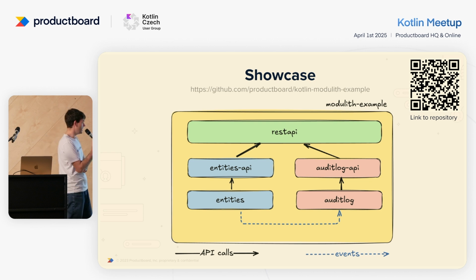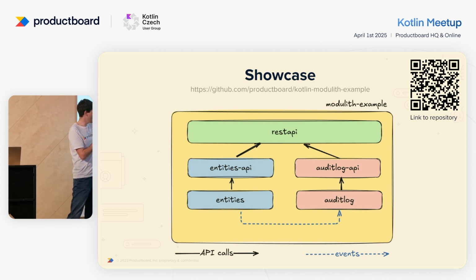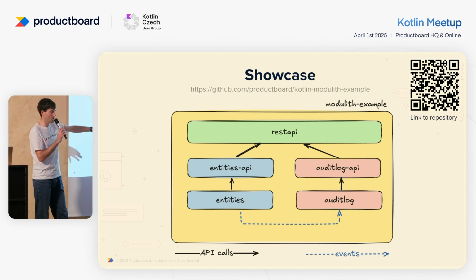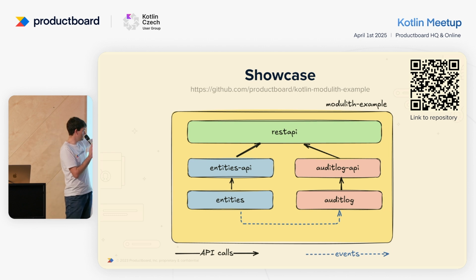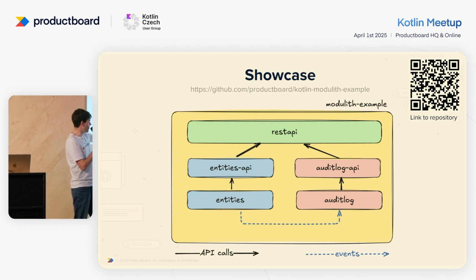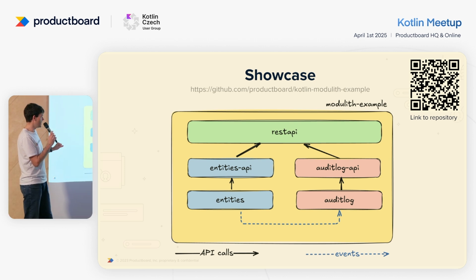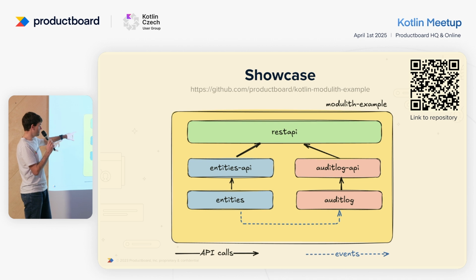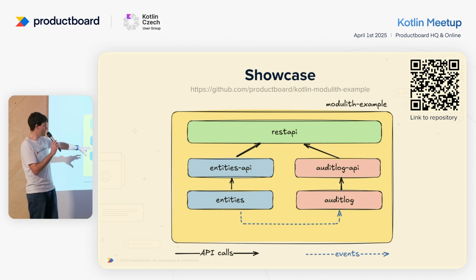One is the REST API, then we have a module for entities, and another module for audit log. That REST API combines calls from entities and also audit log, and then we send events from the entities module to the other module.